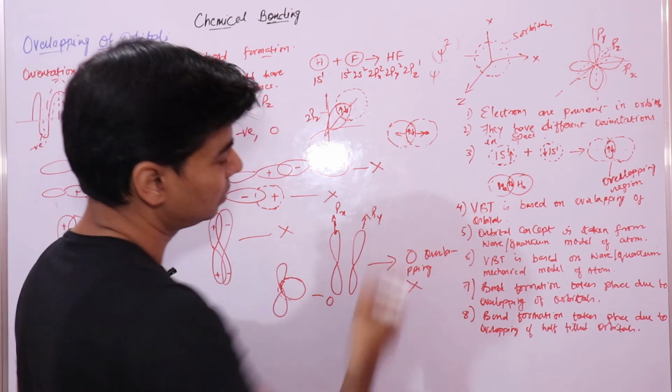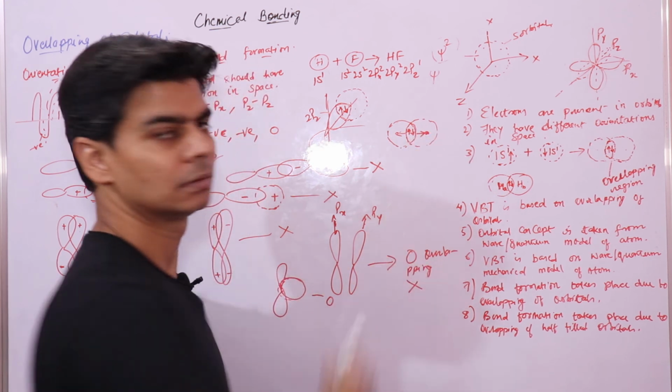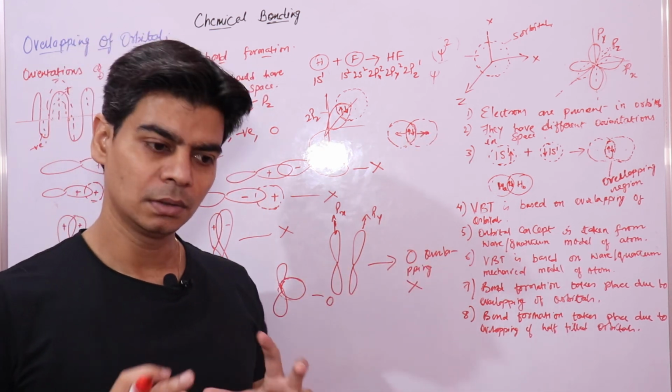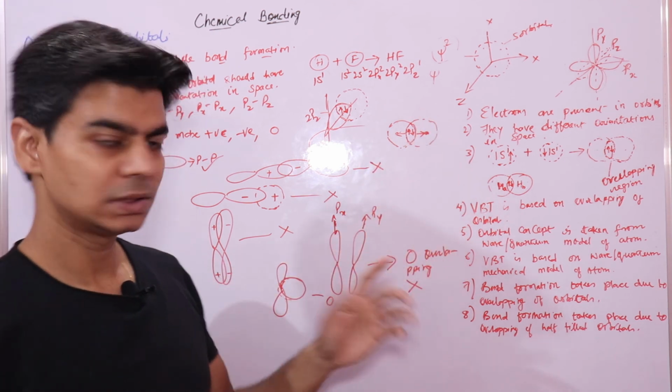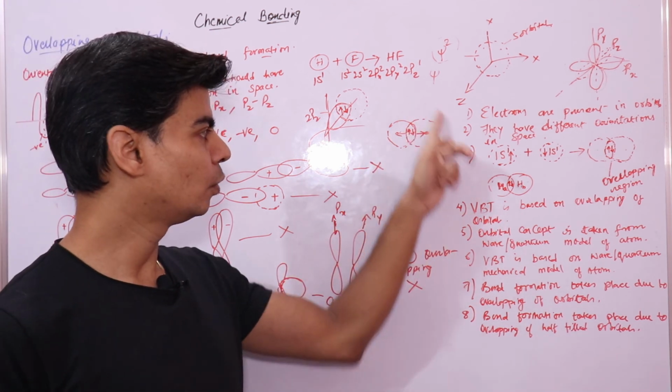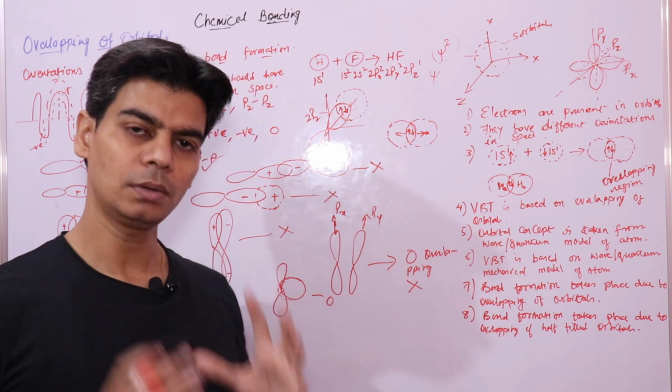And the strength of the bond actually depends on this overlapping region. Better the overlapping, stronger is your bond, right? So this is important, that the strength of bond depends on the overlapping of orbitals. More is the overlapping, stronger is your bond.